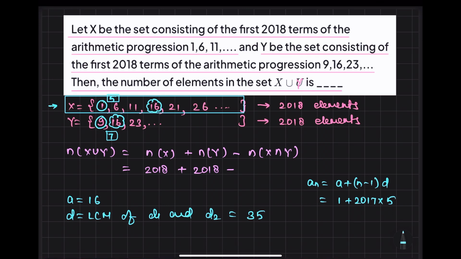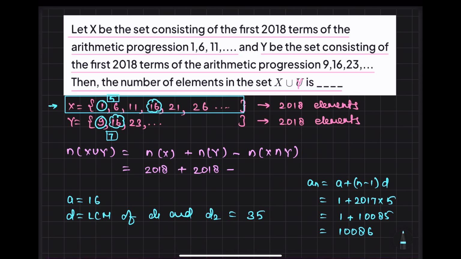If you multiply and simplify, you get 1 plus 10085, which sums up to 10086. So this is the last element of set X.